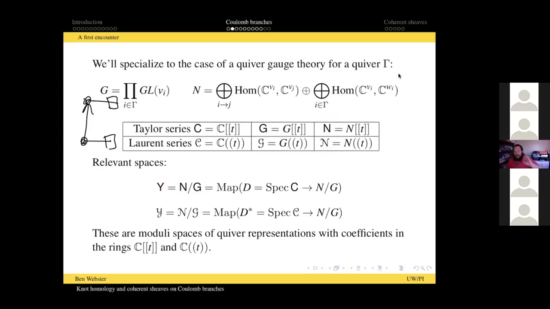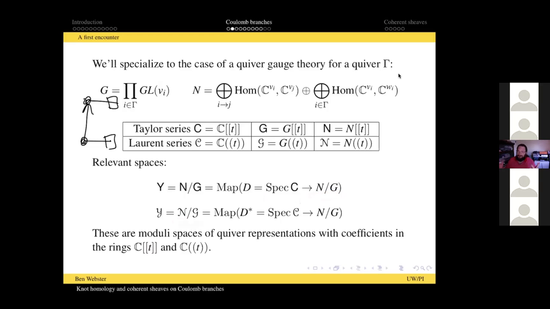So if I just take N mod G, that would be some moduli space of representations of this quiver. When I make everything sans serif, that means I do everything over the Taylor series. And so I'm getting representations of the quiver over the Taylor series, which I can also think of as maps of the spectrum of Taylor series into this quotient. And similarly, I can do that over Laurent series.